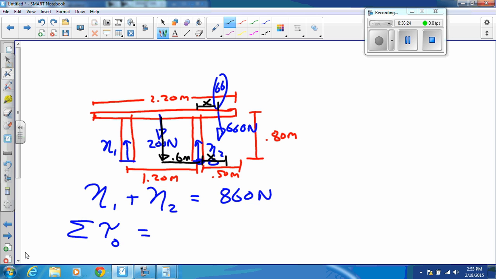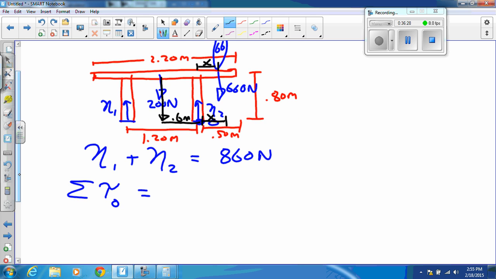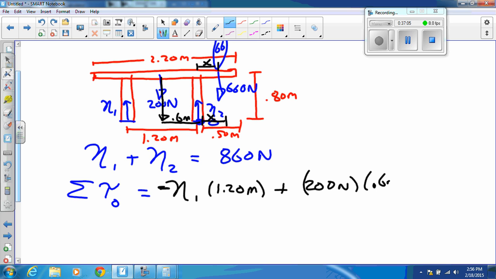So when I do sum of torques about point O, what I get now is, starting at the left, N1 times 1.20 meters times the sine of 90 degrees, because N1 is perpendicular to this distance, times -1, because this is a clockwise rotation around point O. Meanwhile, we get a counterclockwise torque of 200 newtons times 0.6 meters times the sine of 90 degrees.